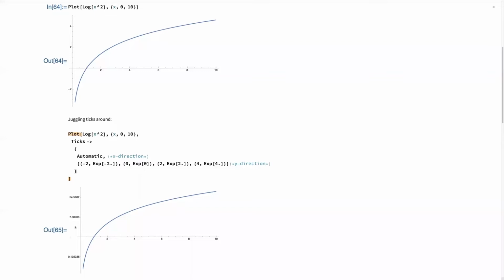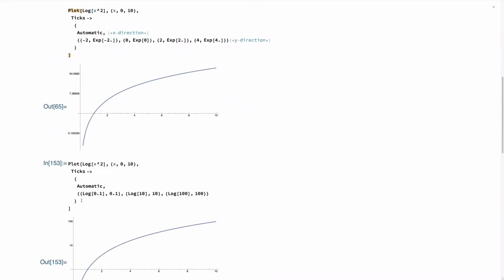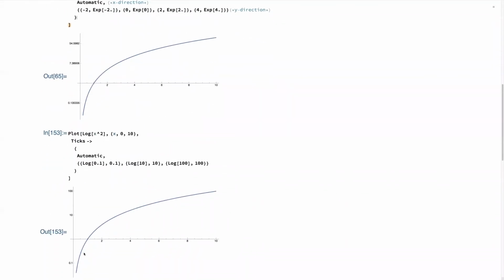But of course, these values are now in the original domain, but they are not nice values. What we really want to see is the base-10 log ticks. So instead of deciding the location first and choosing the labels, we can choose the labels first, 0.1, 10, 100, and use the scaling functions to figure out what the locations are.